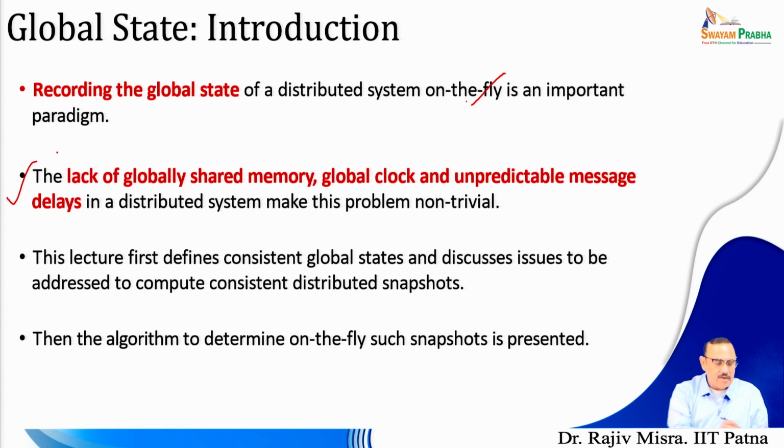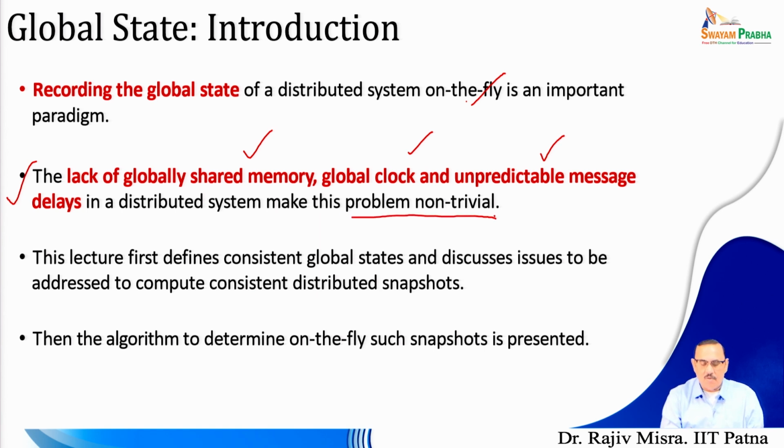Now, a distributed system has the following characteristics. First, it lacks global shared memory. There is no global clock, and messages have unpredictable delays.